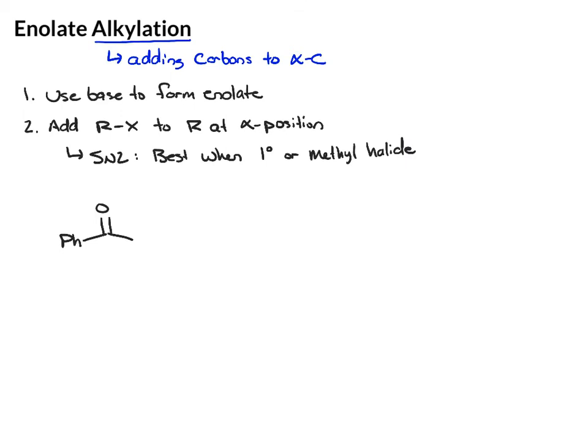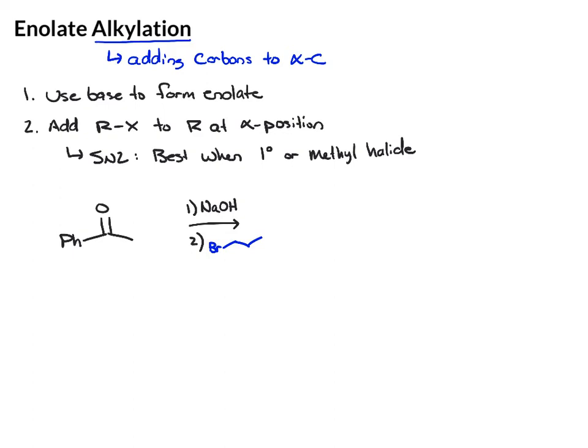Here we have acetophenone, and we're going to do two steps. One, I'll add a base. I'm just going to use sodium hydroxide. Step two, I'm going to add an organohalide. So let's say I want to add three carbons to the alpha position. So I'll use an organobromide with three carbons, propyl bromide.